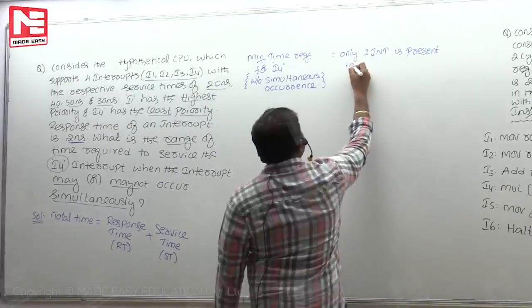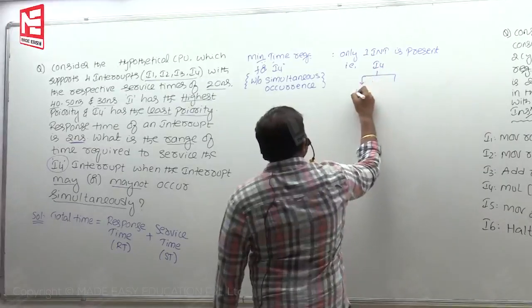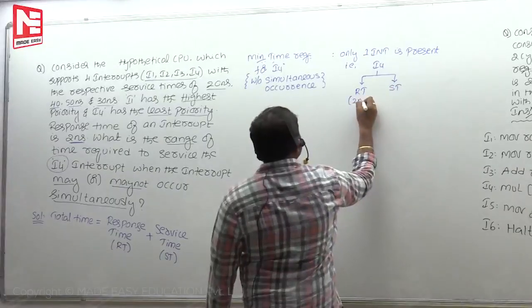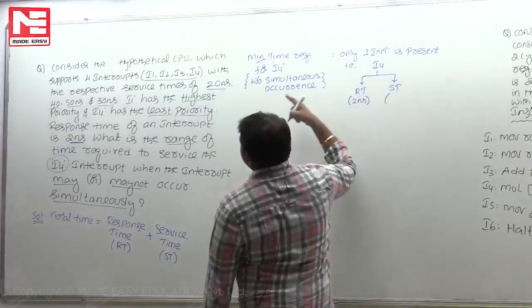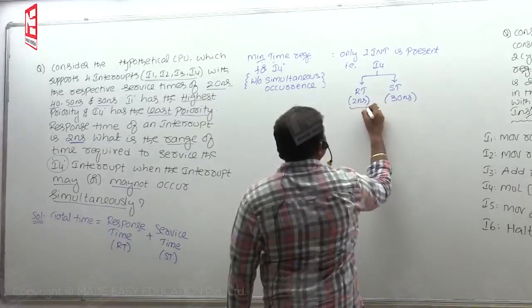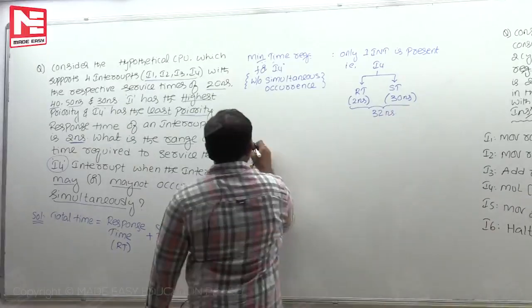Okay, that is I4. Then to complete the I4, response time required, service time required. Response time 2 nanoseconds. I4 service time given in the question as 30 nanoseconds. So total equal to 32 nanoseconds. This is the minimum time required to service I4.